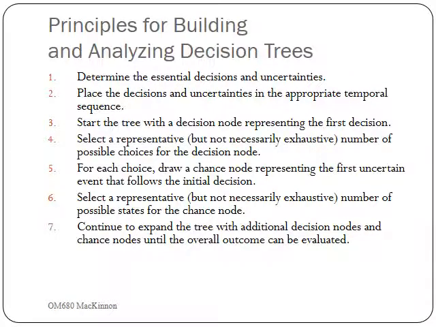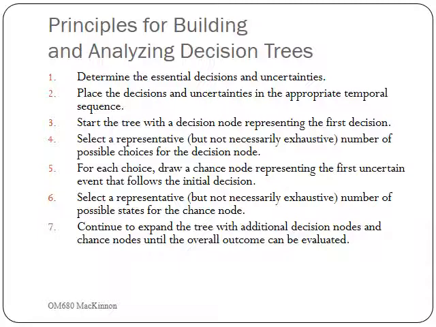So let's take a look at some principles for building and analyzing our decision trees. First off, we have to decide what our essential decisions and uncertainties are. If you try to factor in every single chance, every single decision, every possible permutation, the decision tree will be way too large.